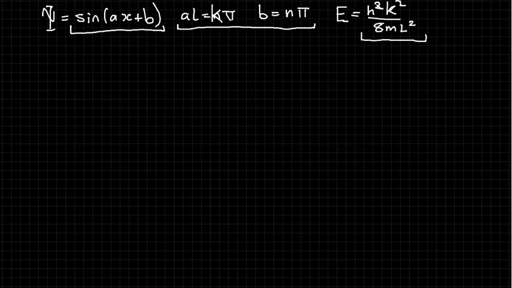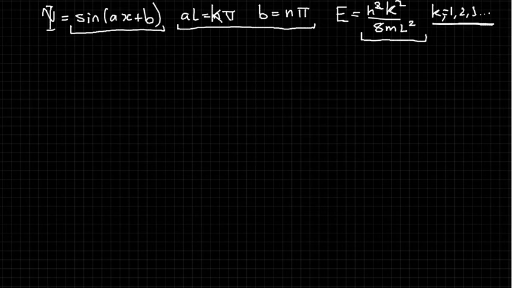Now you'll notice that k can take on values that are 1, 2, the integer values, and so in a sense this is a quantized system, because the energy depends on integer numbers, what we call the quantum numbers, and so this here is a quantum number. And it only really depends on the size of the box.